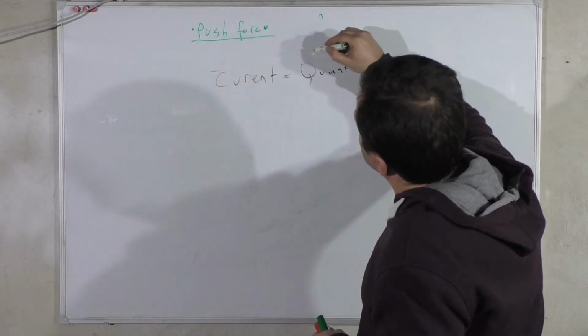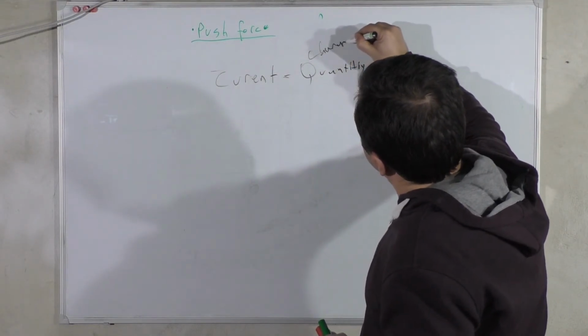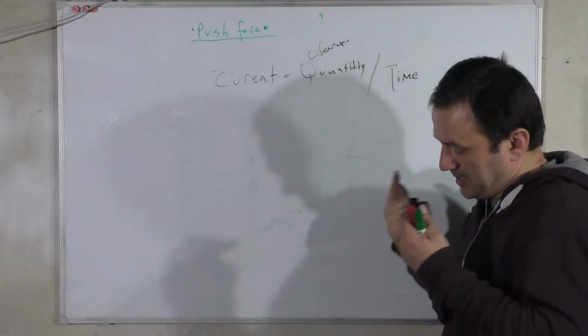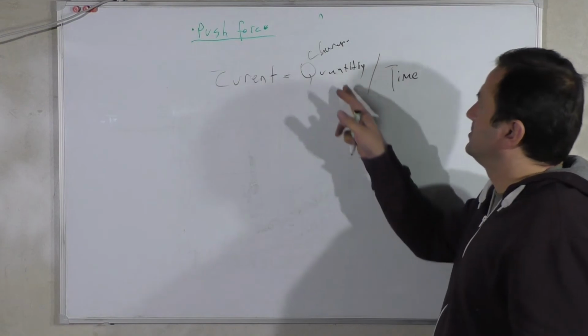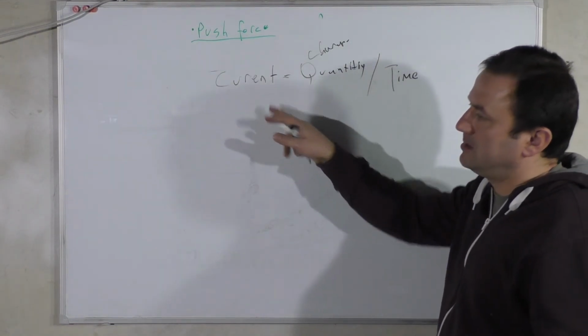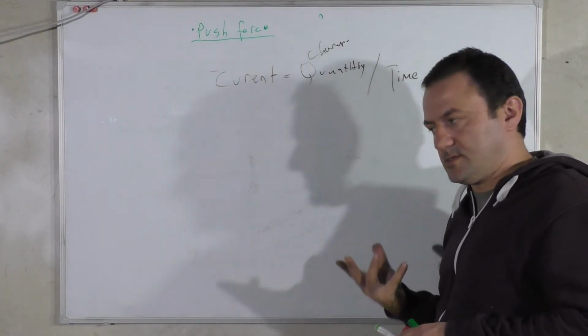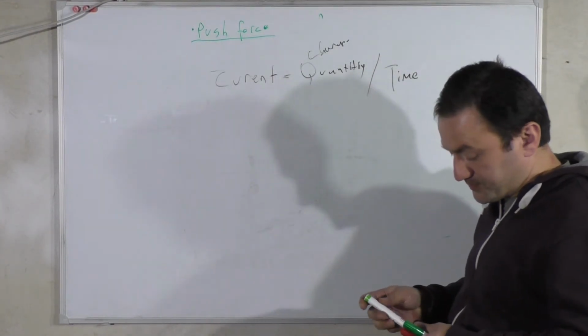Here it is not quantity, it is charge, but I know how much 1 electron is, so I also know how many electrons are passing through the line. So current is about how many pass, how much quantity.